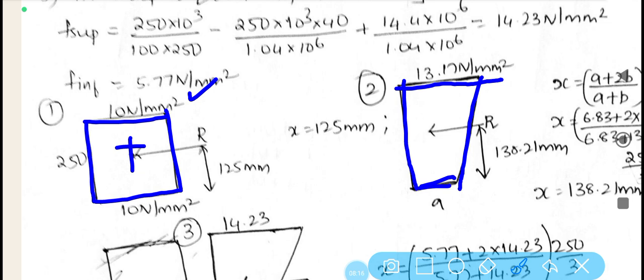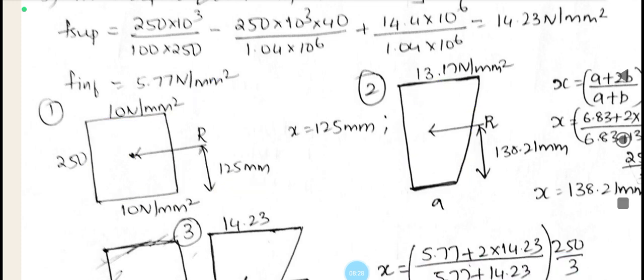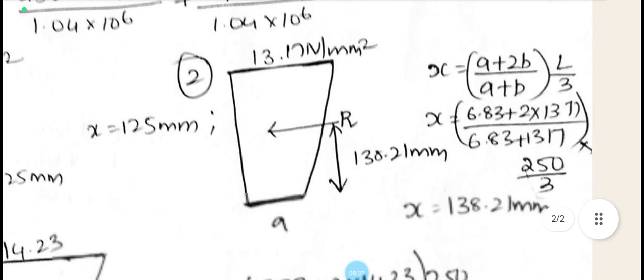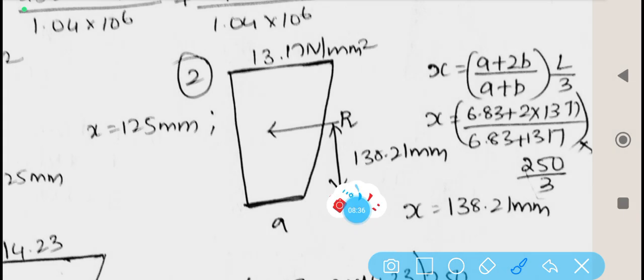But we need to find out what the center is. The center of the rectangle is b by 2. Therefore I have directly shown it here as 125 mm. But this stress profile has gained a trapezoidal shape. So in such cases we need to apply the centroid expression. The centroid expression for the trapezoidal section can be taken as x is equal to (a plus 2b) divided by (a plus b), multiplied by L by 3.